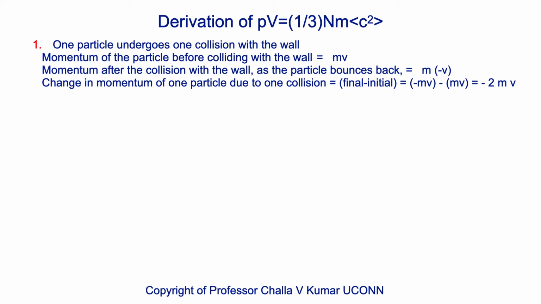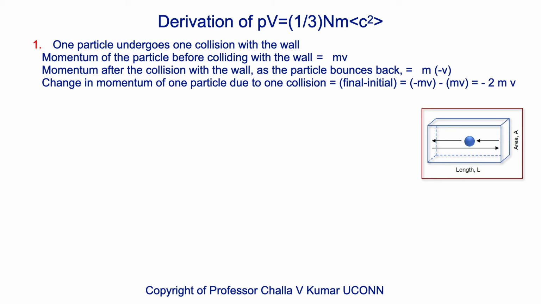Therefore, the total is minus 2mv. This is important. Very often, the mistake is made of taking this to be equal to 0. That is, we often forget to put the negative sign on the first term.